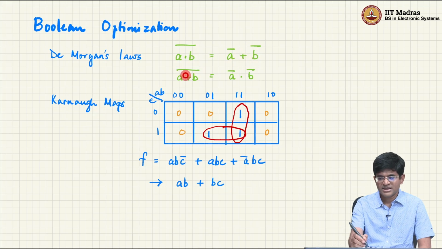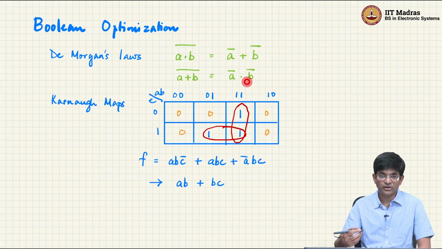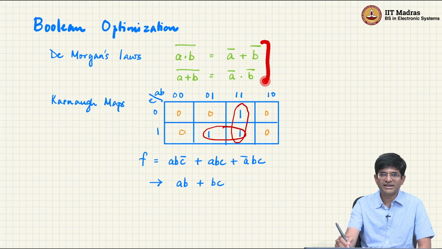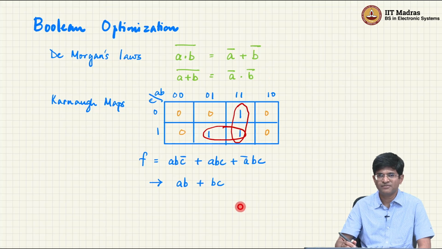Similarly, if I have a plus b the whole bar, it is a bar and b bar. You can even think of these in terms of logical statements, and they actually have nice intuitive physical meanings, but as far as we are concerned, this is a pure mathematical construct. The interesting thing is by systematically applying these kinds of laws and transformations to the expressions, it is possible to modify them.